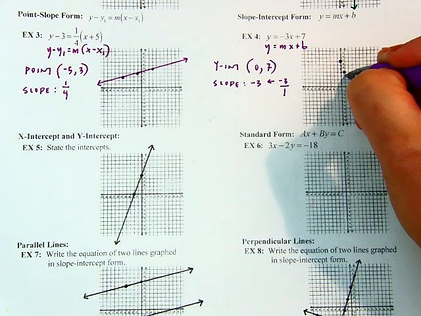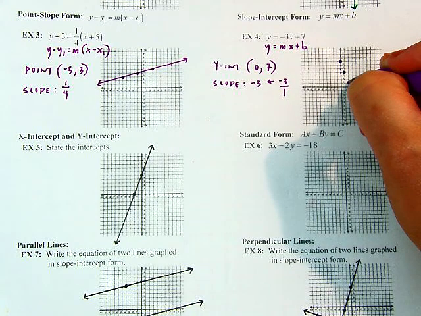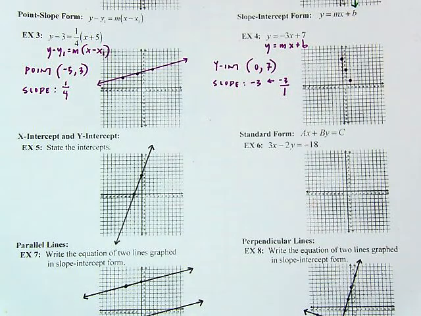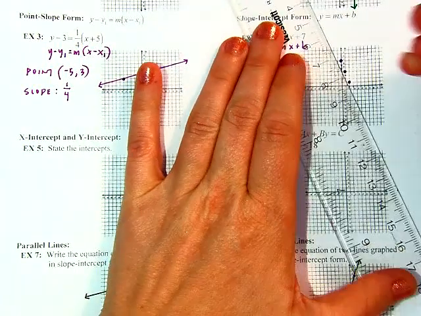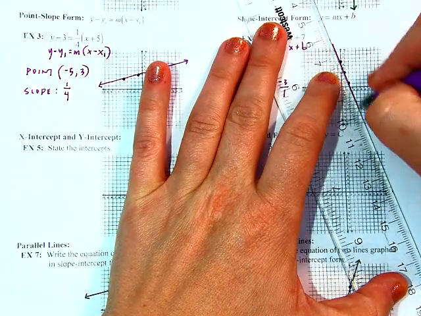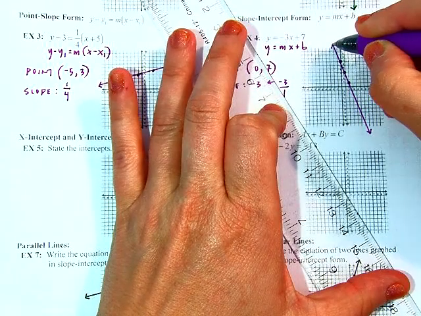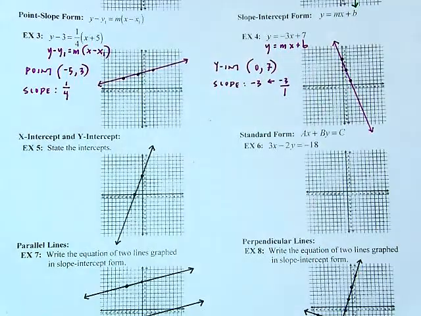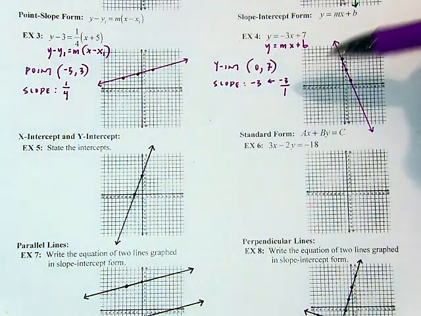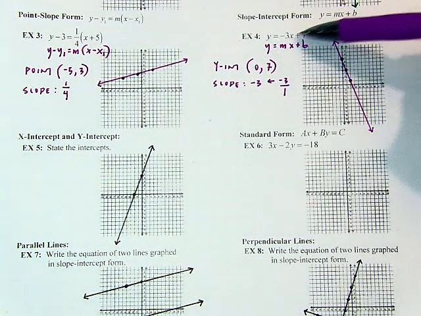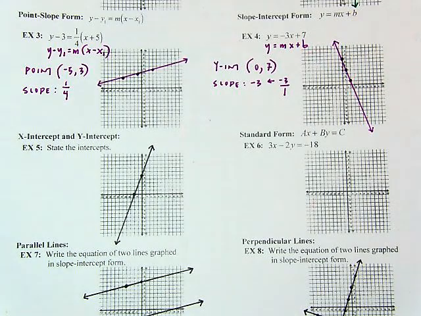Down 3, 1, 2, 3, right 1, just like that. So my rise over my run, if it's a positive number, I'm going up and then to the right. And if it's a negative number, I'm going down and to the right. Let me connect my dots. Okay, and then there is my line. And any point on that line will make this a true statement.